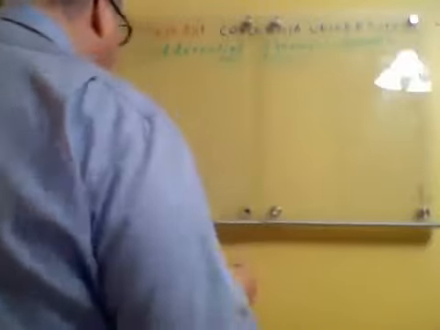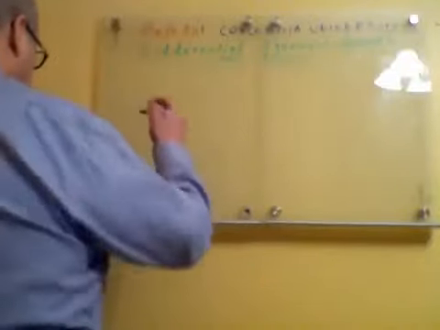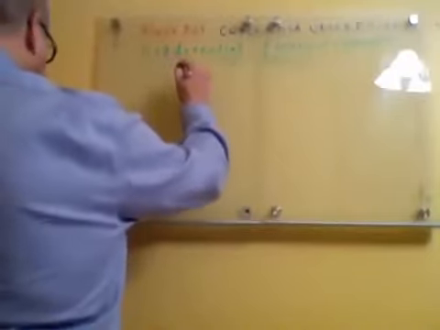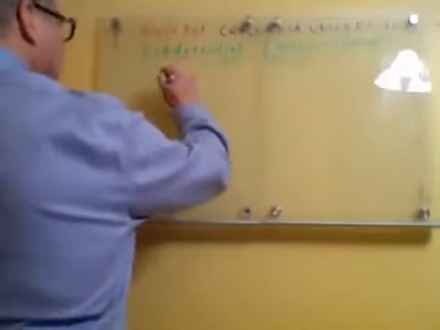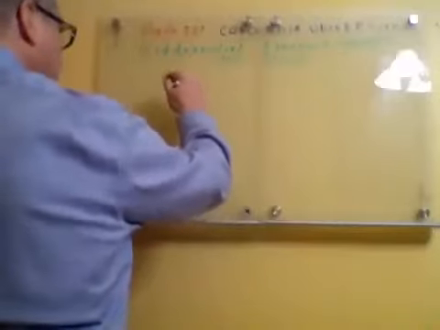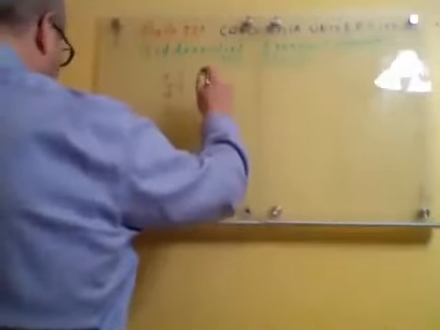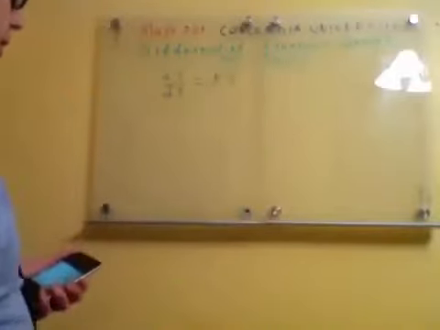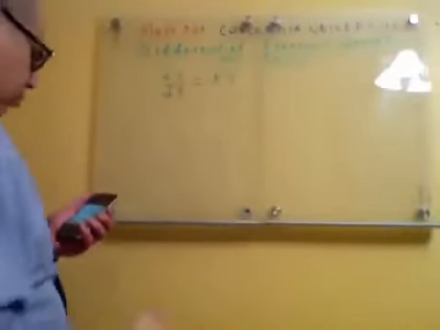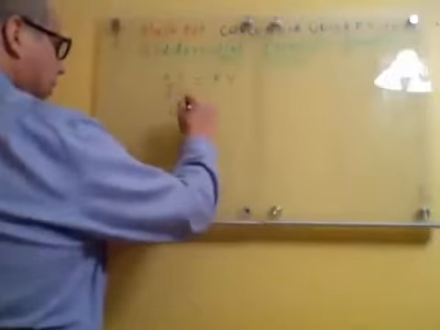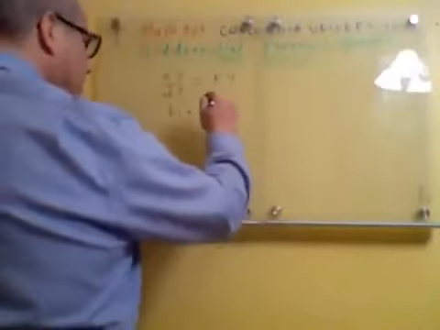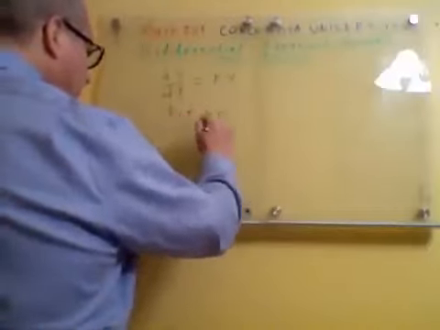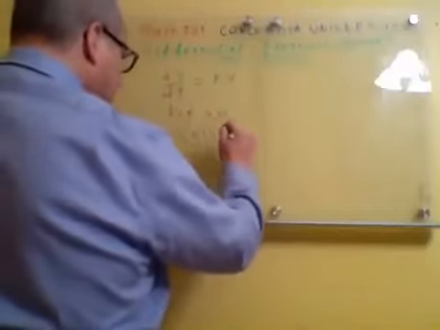Okay, so if you have a differential equation of the form dy over dt is equal to ky, where k and t are greater than 0, and y at 0 is equal to c.